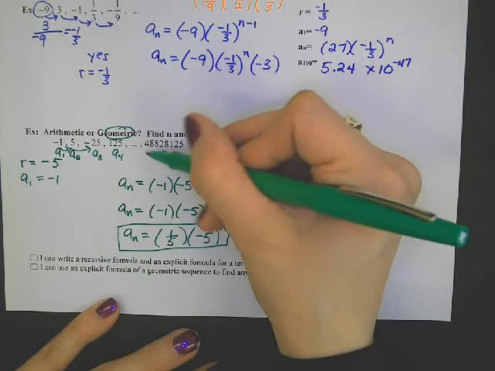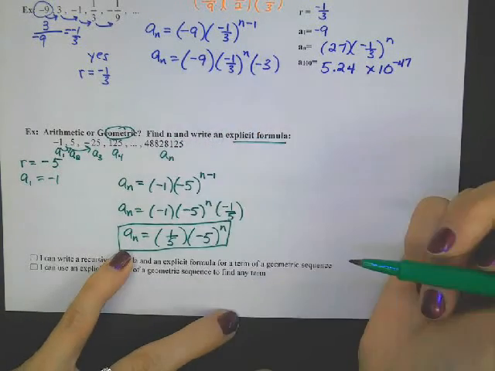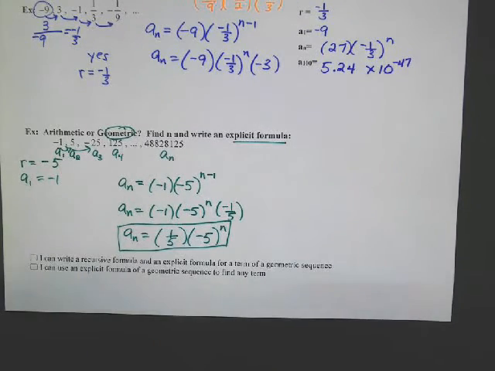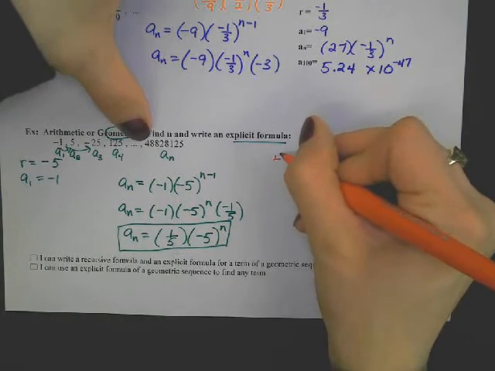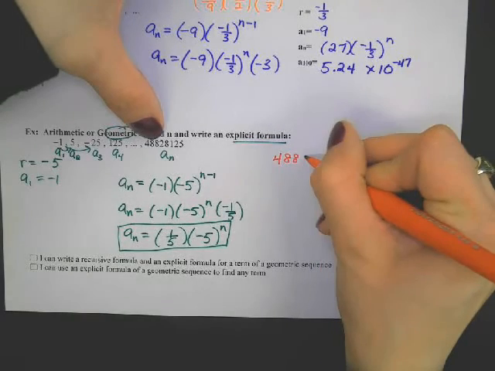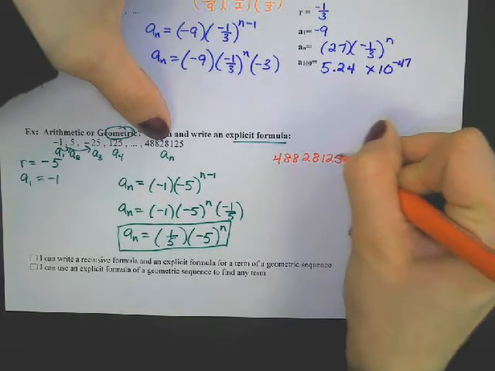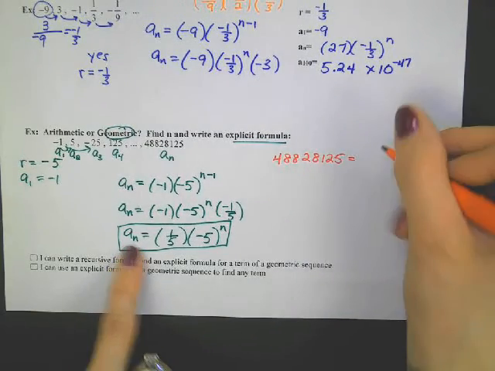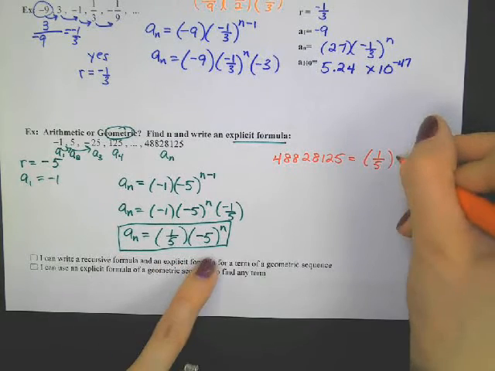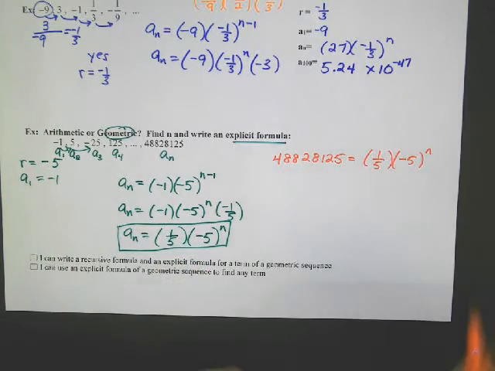So why don't we plug this into the a sub n formula? Okay, let's switch colors so you can see I'm doing something else now. I'm going to put 48828125 into the formula: that equals 1/5 times negative 5 to the nth power.